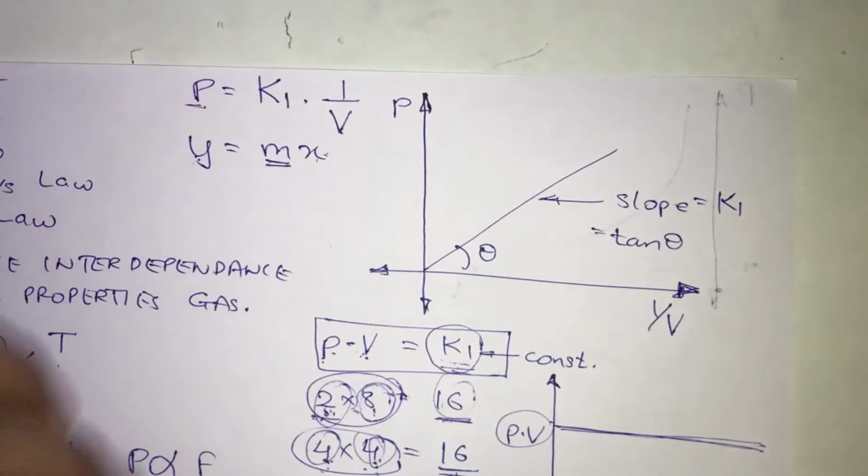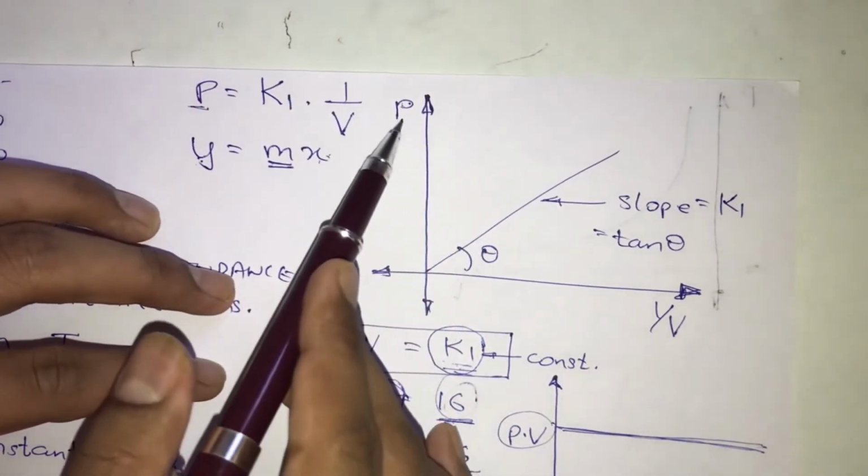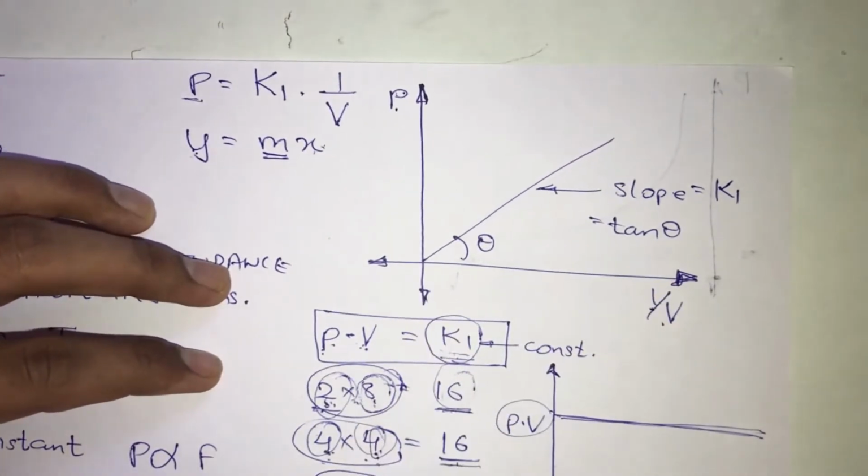First, we plotted the pressure by 1 by V graph, and we got a straight line which is passing through the origin.